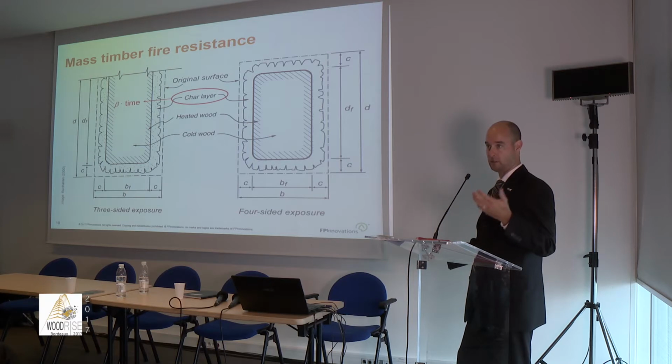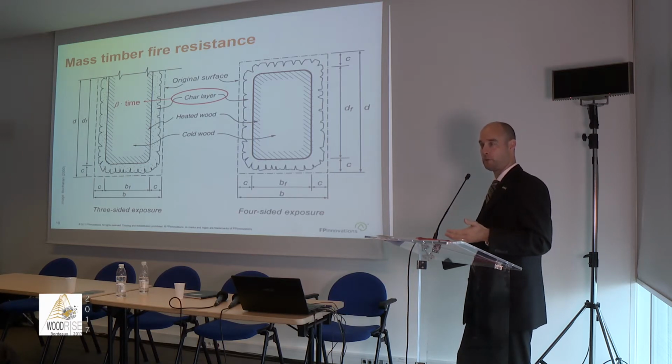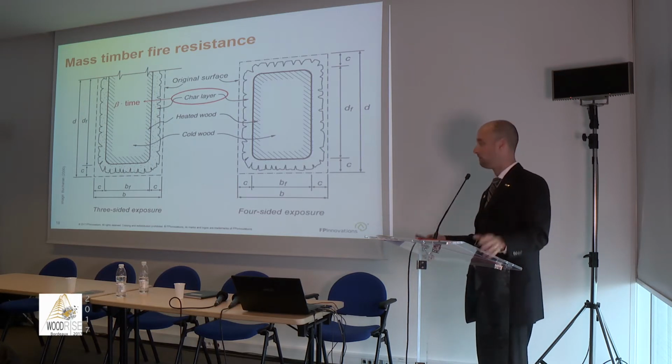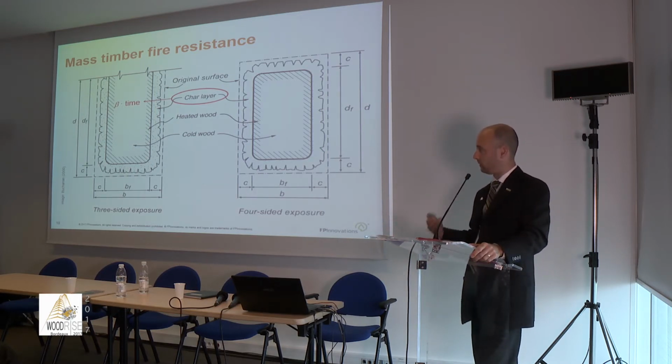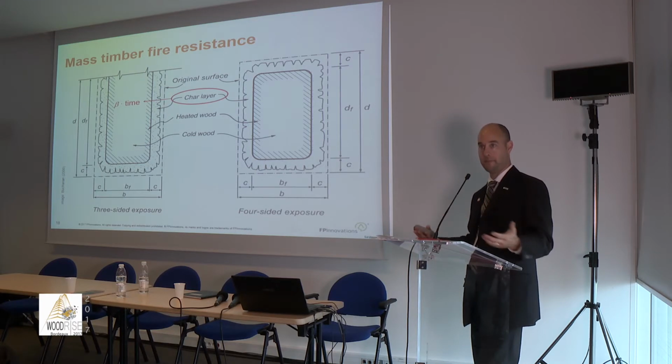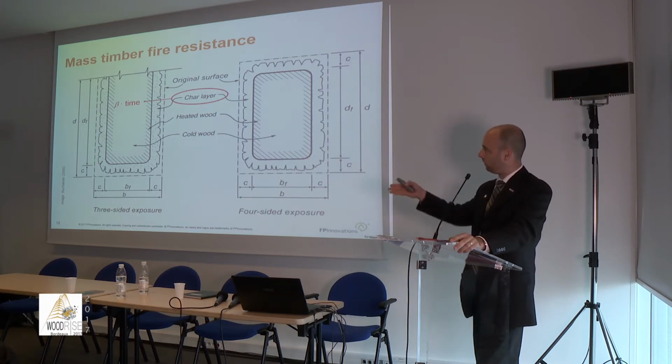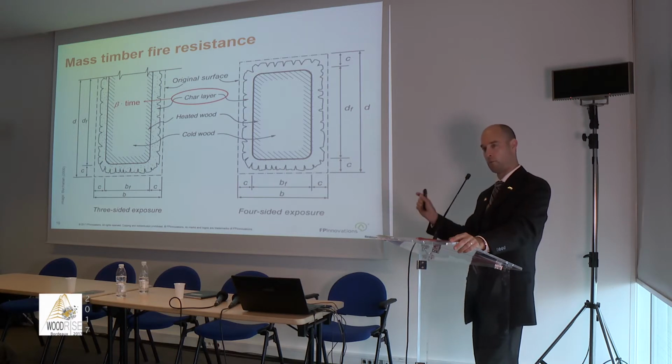For most softwood products, the commonly used charring rate is 0.65 millimeter per minute or 0.7. It could be different if you have a different product. If you have some test data to prove that you could use something else, you could technically use it. So the charring rate times 90 minutes or 120 minutes will give you what you will lose after a given period.